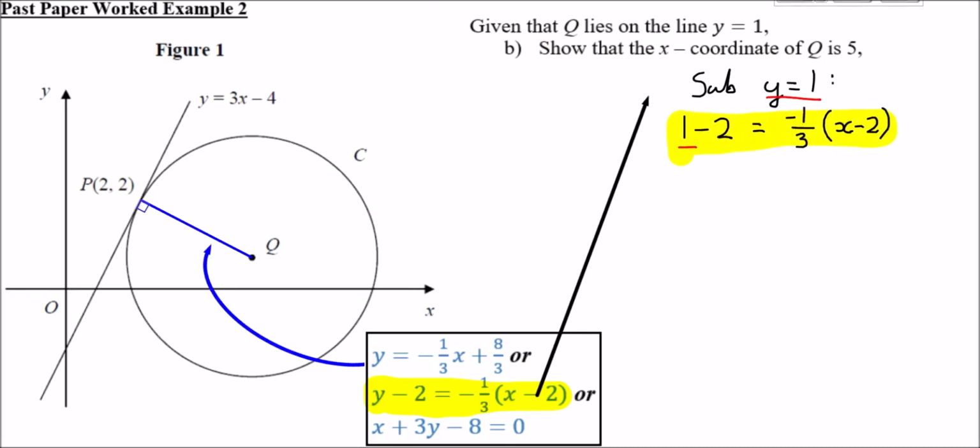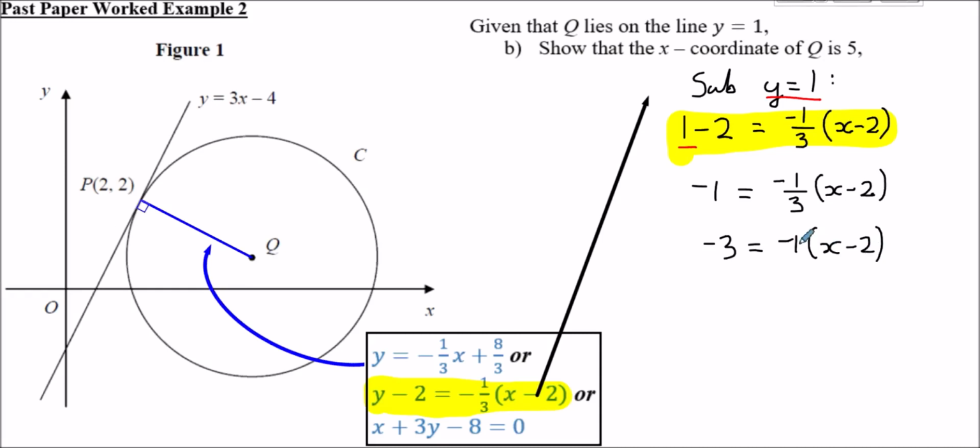So let's just neaten this up. So 1 minus 2, that's minus 1. That equals minus a third, x minus 2. If we multiply both sides by 3, we get minus 3 equals minus 1, brackets, x minus 2.